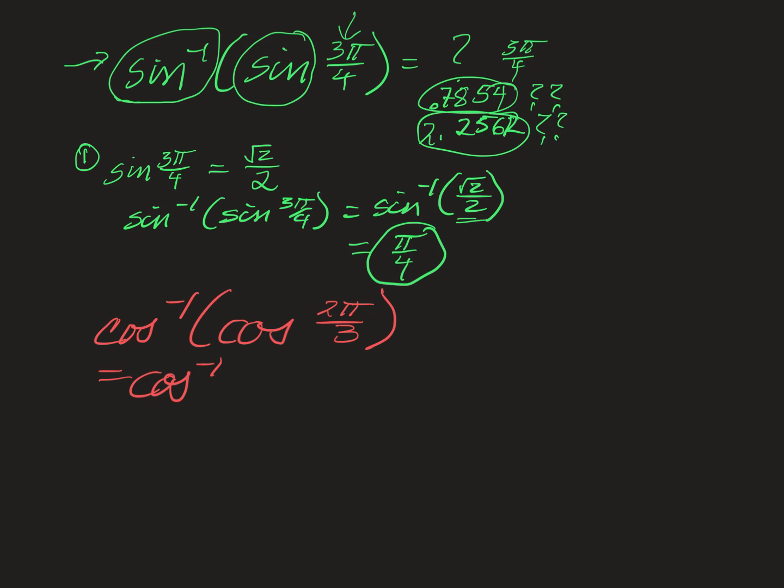But 2 pi over 3 is a second quadrant angle, so the cosine of 2 pi over 3 is -1/2. So we get -1/2 here. Now the inverse cosine of -1/2, its range is 0 to pi. So we want the second quadrant angle because this is negative. So it's just going to give us 2 pi over 3. So it turns out the inverse cosine of cosine is going to work out like you expect. They're just going to undo each other.